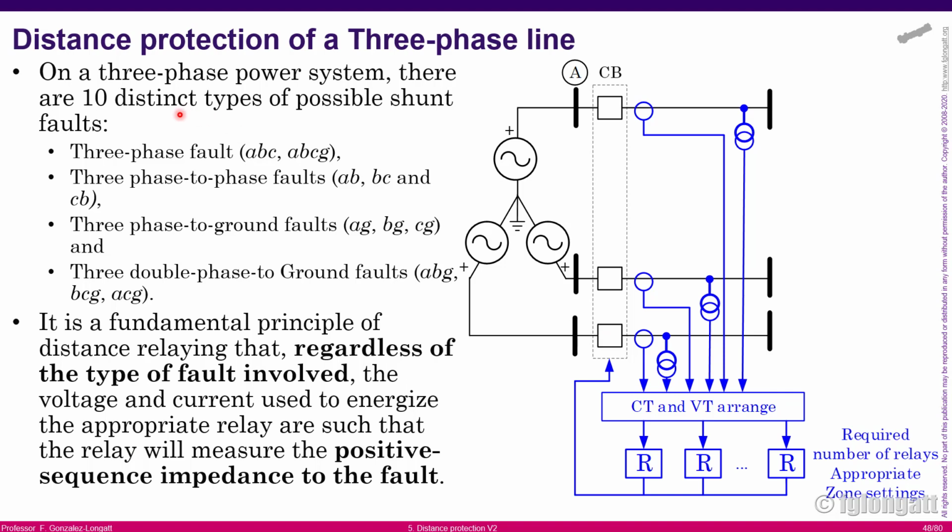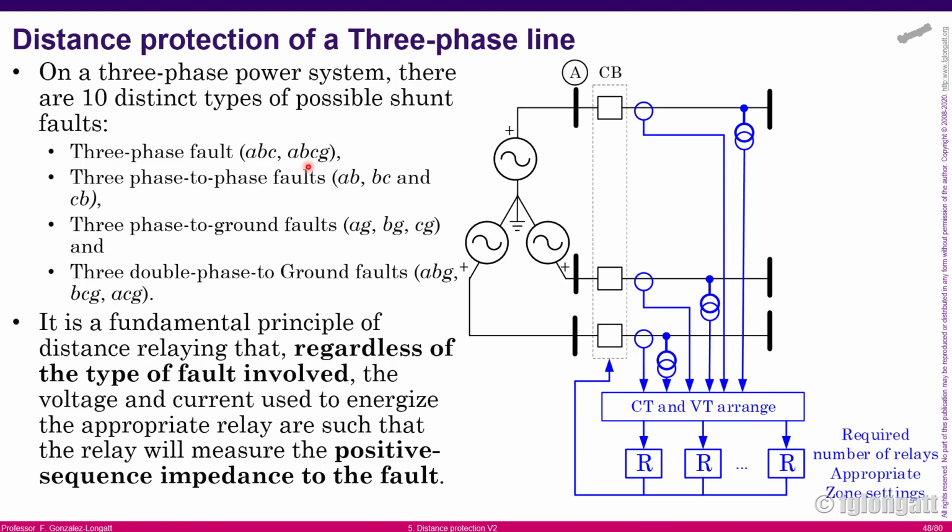You must remember we have three-phase faults that represent symmetrical faults, and in reality there are two of them. I mean, three-phase that is not connected to ground, or ABC, and then we have the three-phase fault connected to ground, and that is ABC to ground, okay?